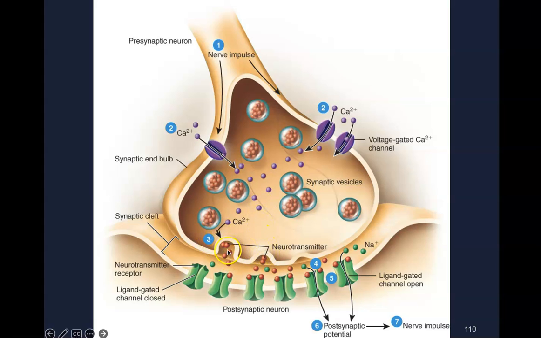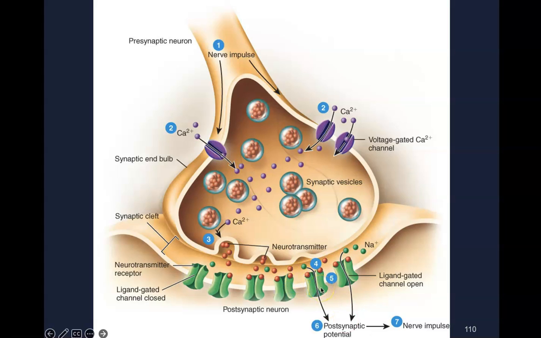As neurotransmitter is released, it's going to diffuse down its concentration gradient across this synaptic cleft. Remember, that's the space between the two. And then eventually bind to this postsynaptic neuron, right? And these ligand-gated channels. And as it binds neurotransmitter, it's going to cause these ligand-gated channels to open, allowing something like sodium to rush in, okay?